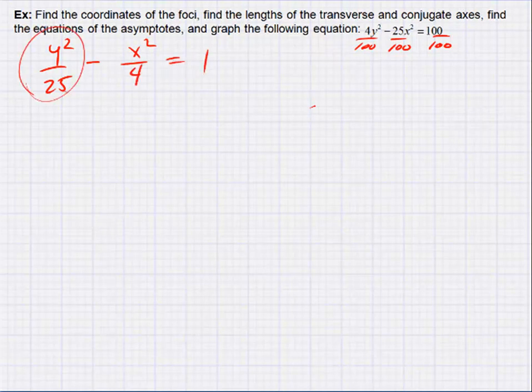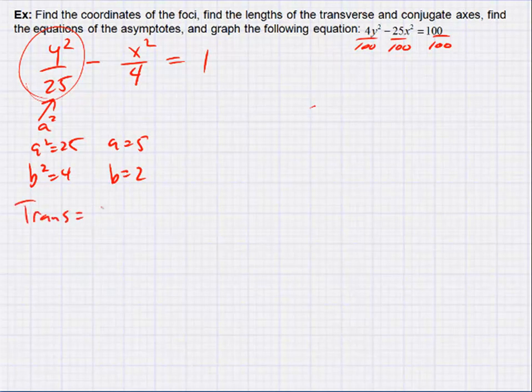Y is first, so that tells me this is my a now, or in this case a squared. So a squared equals 25, b squared equals 4, so a equals 5, b equals 2. My transverse is 2a, so 10. My conjugate is 2b, so that's 4.